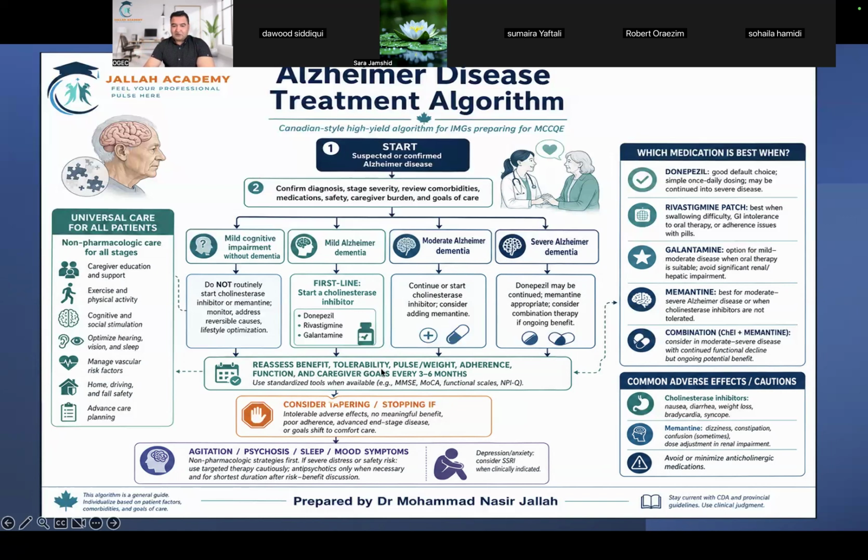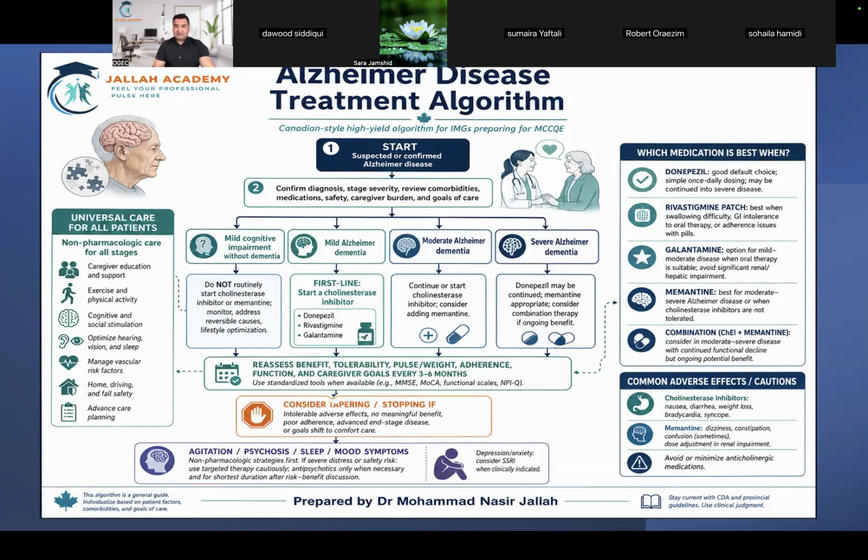Reassess benefit, tolerability, weight, adherence, function, and caregiver goals every 3 to 6 months. So the follow-up for Alzheimer's should be done every 3 to 6 months. You can't just discharge the patient and let them go forever. You ask the patient to come back in 3 or 6 months.